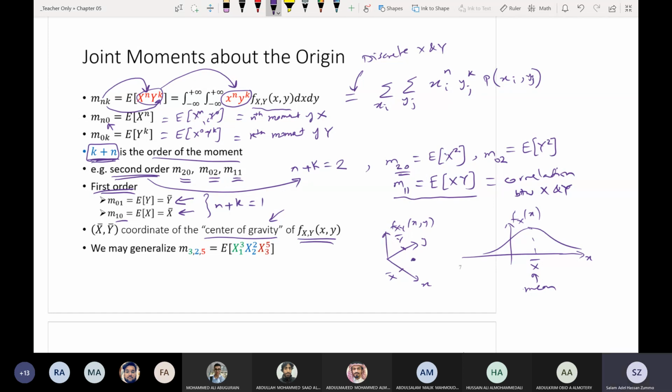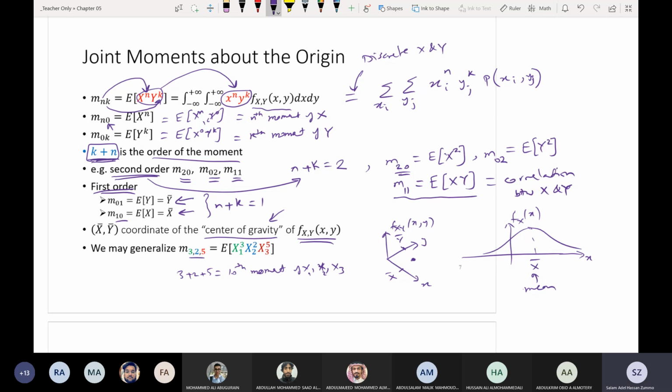You can generalize for three random variables, m3,2,5. So this is about what? 3 plus 2 plus 5, which is 10, right? This is the 10th joint moment of x1, x2, and x3.